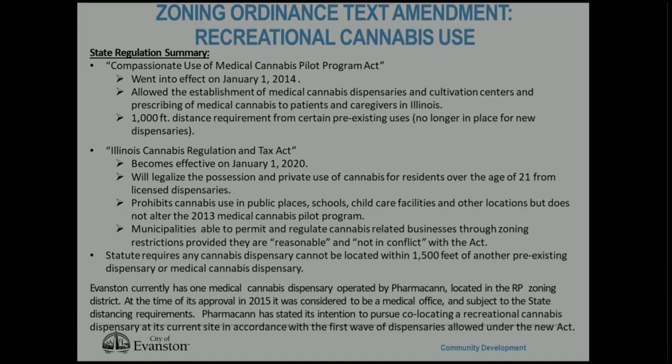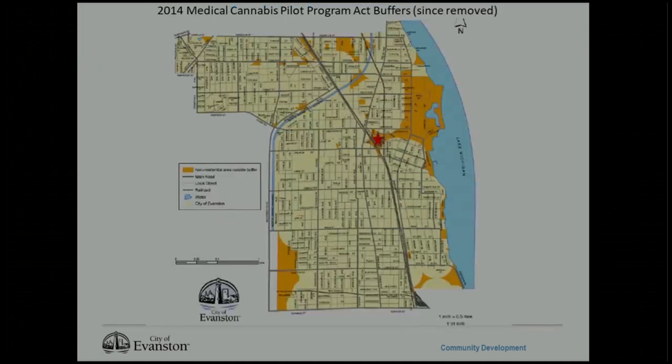PharmaCann has recently stated that they have the intention to pursue co-locating a recreational cannabis dispensary at its current location, which will be in accordance with the first wave of dispensaries that will be allowed under that new act. This map shows the map that we looked at back in 2014 when the first act was signed and enacted.